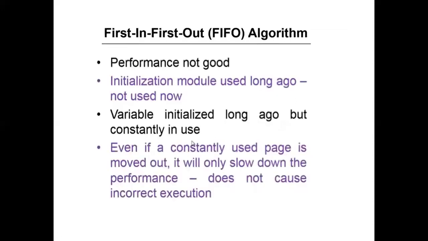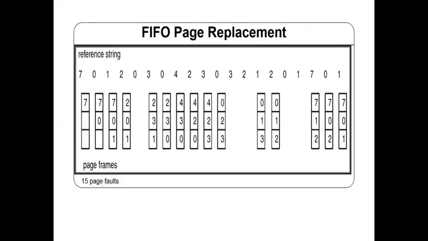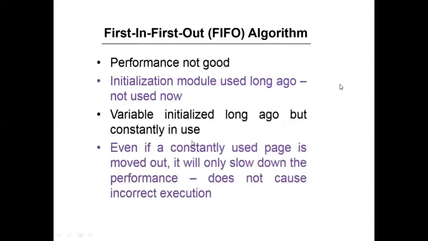But here the performance is really not good, because in many scenarios you would swap out 1 and that is required immediately. So the performance is not very good. In which situation is that not good? Let's assume you have a first page where you have initialized some global variables in one of the programs.